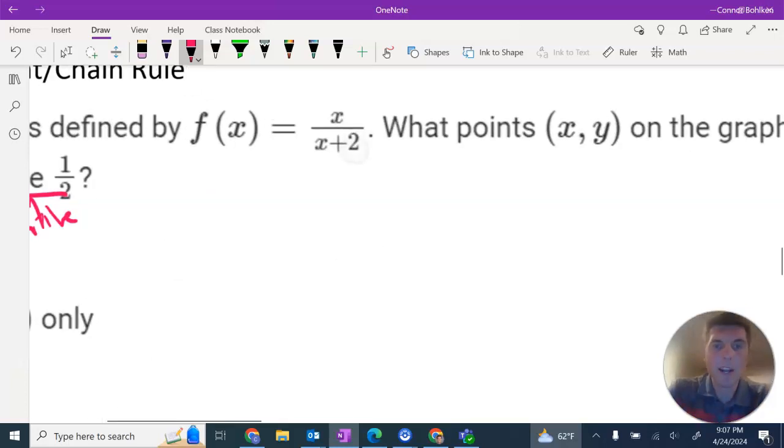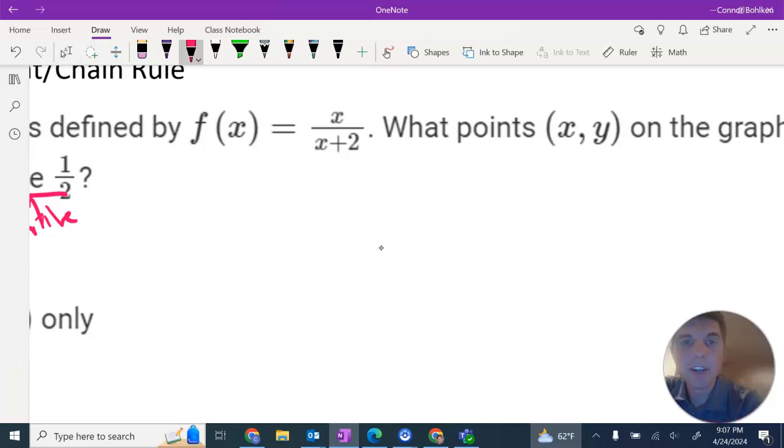So here's what I'm thinking. Let's take the derivative of f of x, set it equal to 1/2, solve for x, and then plug that back in to find our y. That's my general game plan here. Take a derivative, set it equal to 1/2, solve for x, plug x back in to find y.